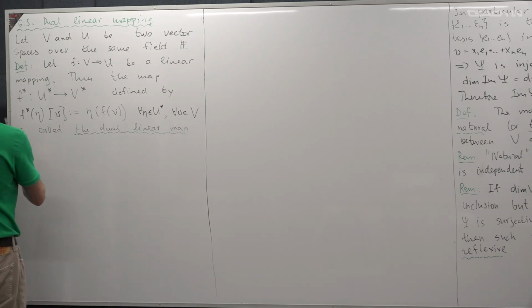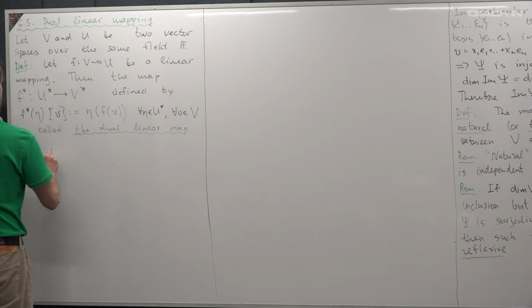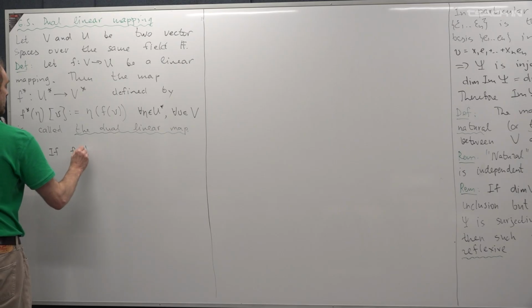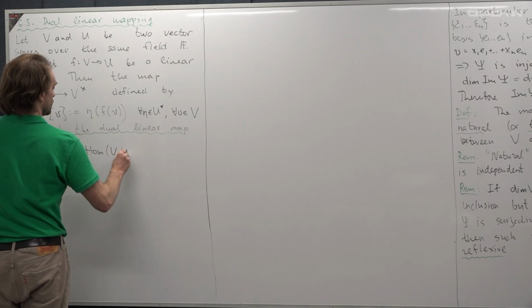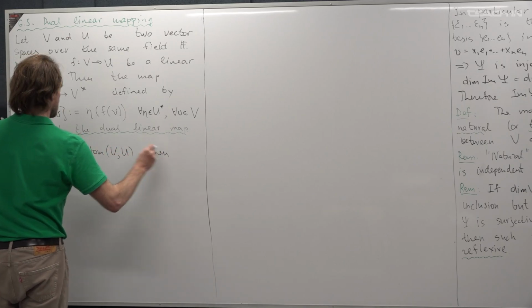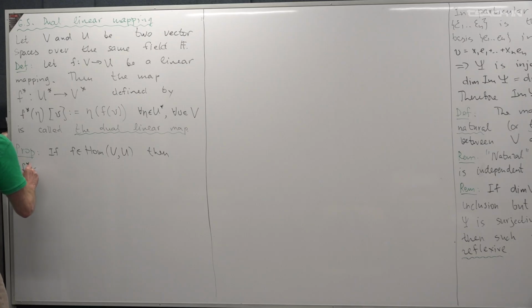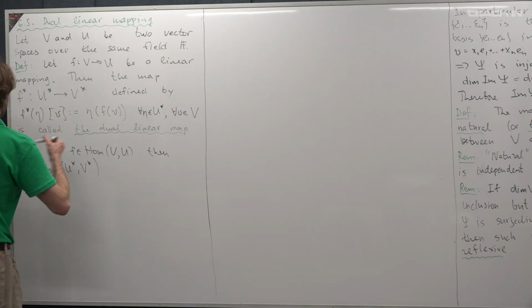And so the first statement, which is quite trivial, is that if f is a linear map from V to U, then f star is also a linear map. I will not prove this just because the linearity easily follows from the definition. So this is kind of an obvious statement.